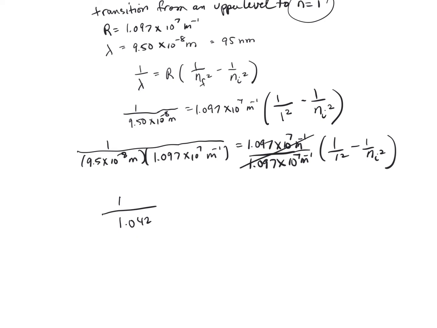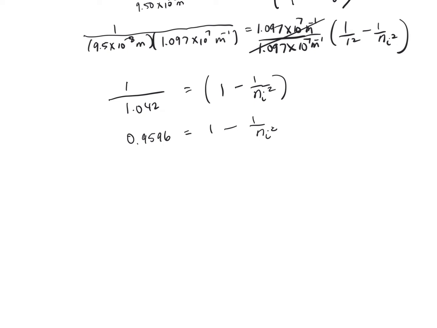All right, so then this will be equal to 1 over 1 squared, which is 1, minus 1 over n initial squared. On the left-hand side, 1 over 1.042 is going to be 0.9596. And this is 1 minus 1 over n initial squared. Now we want to subtract 1 from each side.